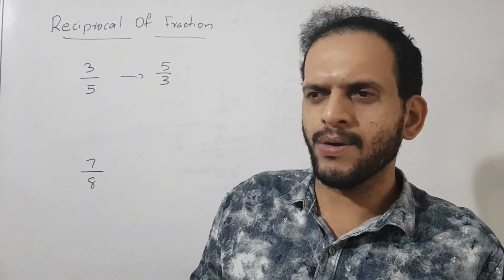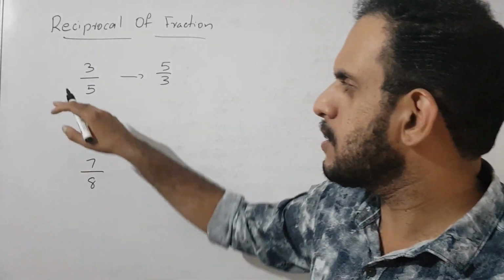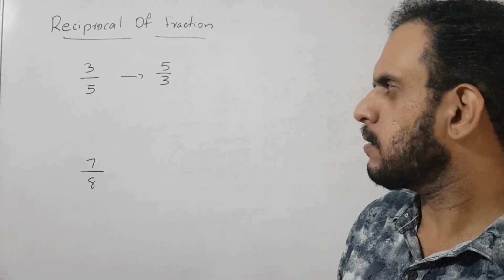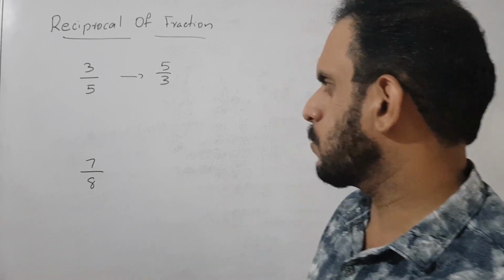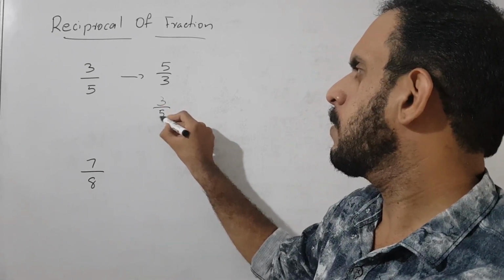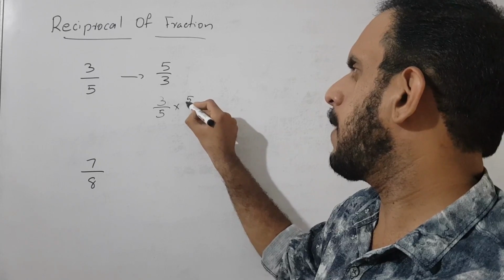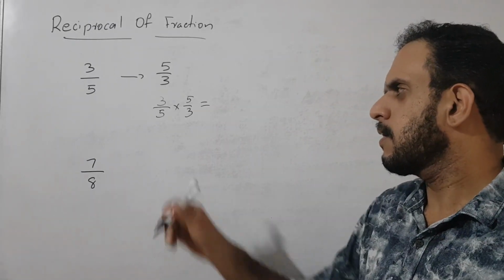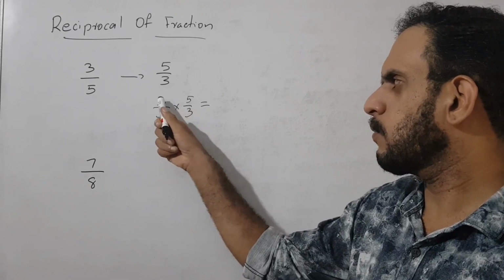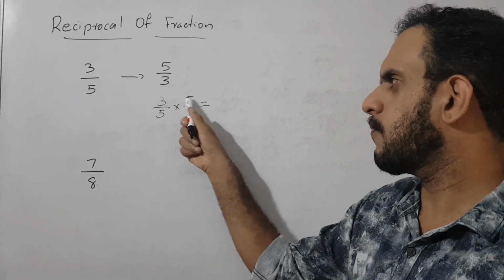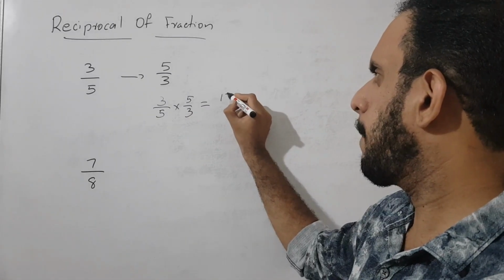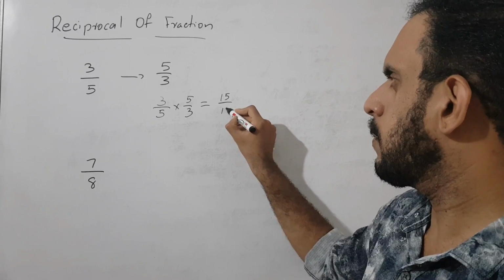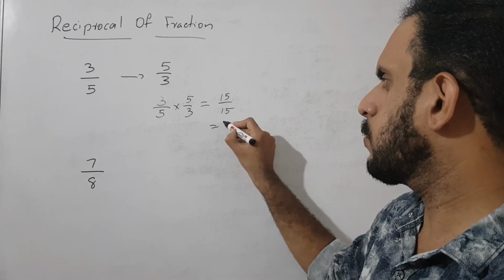Then my question: why do we say these two are reciprocals? Because if we multiply 3 by 5 into 5 by 3, 3 into 5 is 15, and 5 into 3 is also 15. 15 by 15 is equal to 1.